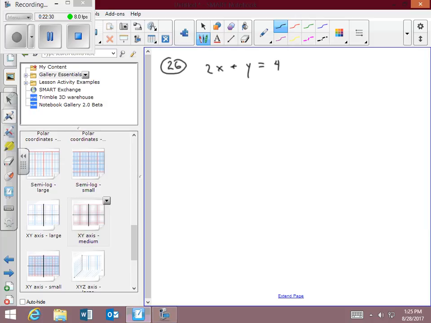Now, we have 2 ways to graph that equation. One is using our T method, arbitrarily picking 3 points, graphing, plotting those values. Or what's the other thing we can do? X-intercept, y-intercept. There are going to be other ways, but so far in this section, we have those 2 methods.